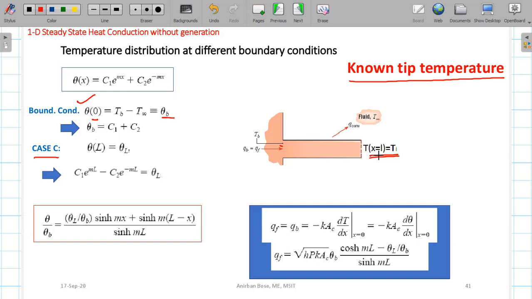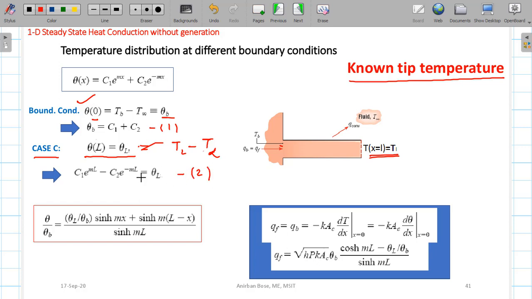In that case it is very simple, just apply theta at x equals L is theta_L. Theta_L is nothing but T_L minus T infinity. So this is the first boundary condition, and this is the second boundary condition.